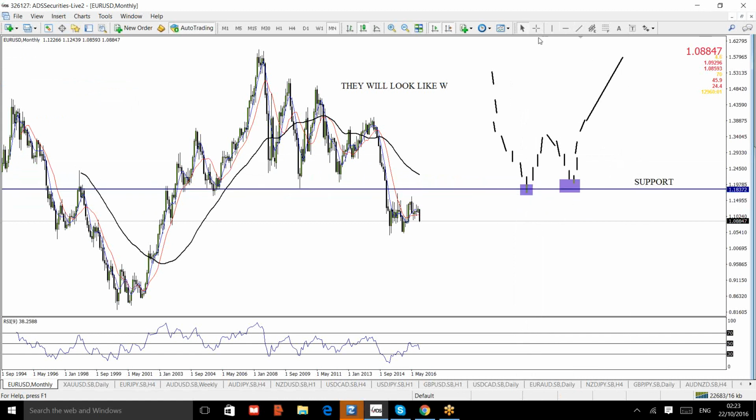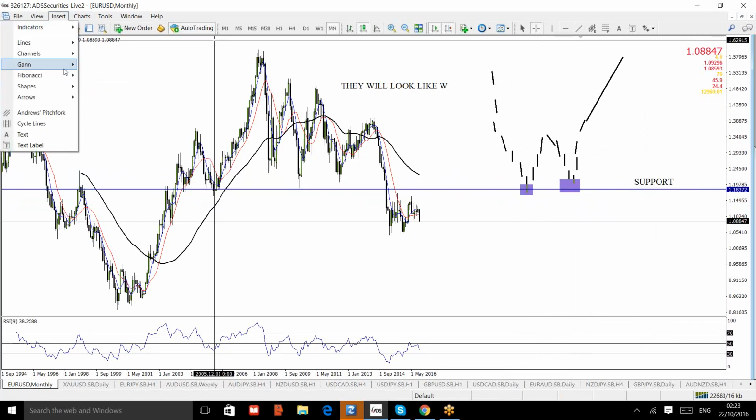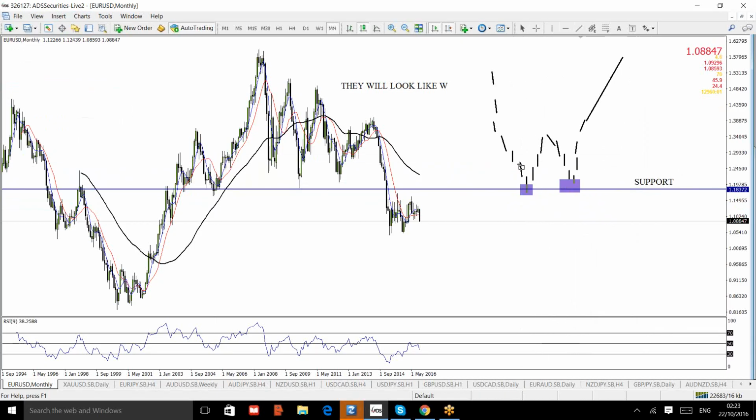So if you see a bullish candle here, you can take a trade. Let's say if I have a bullish candle here, this is entry number one. This is not a good entry, but it is an entry.